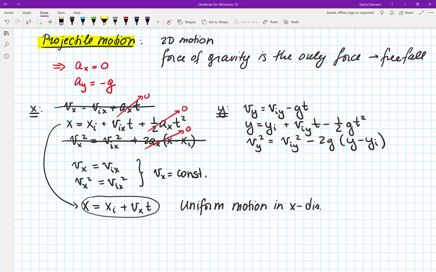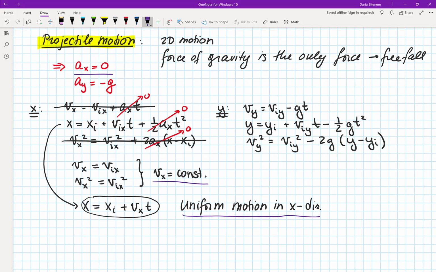Now, when we say acceleration in the x direction equals 0, when we say vx is constant, or when we say that we have uniform motion in the x direction, there is also no new information there. All three of those statements are exactly analogous to each other.